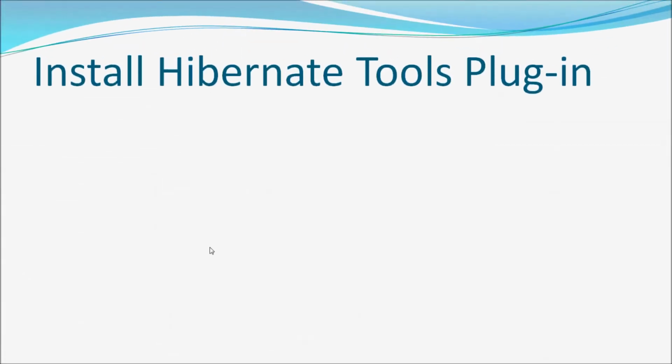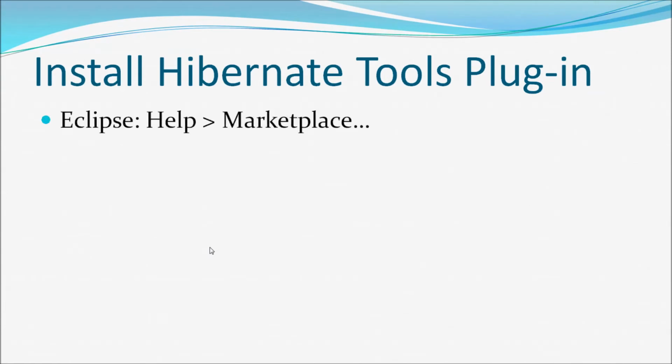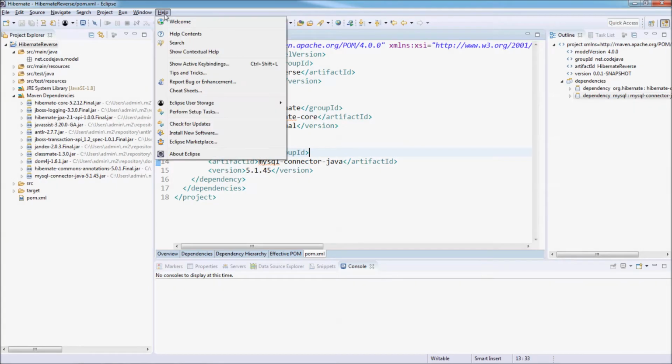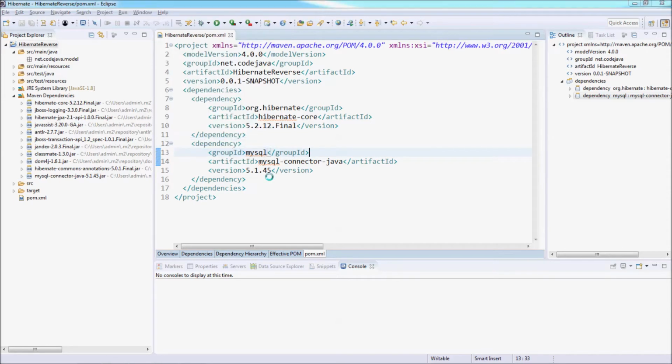And now we are going to install the Hibernate Tools plugin. Here are the steps in Eclipse. We go to Marketplace and search for the JBoss Tools.